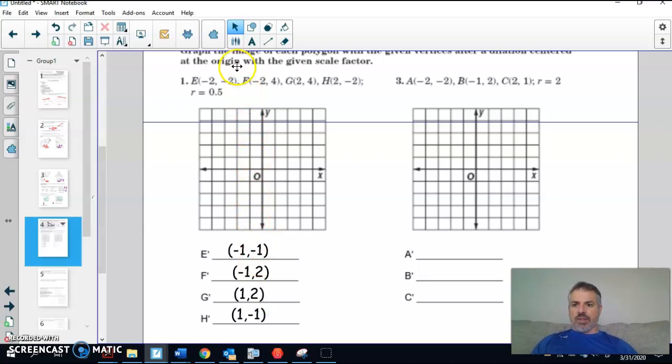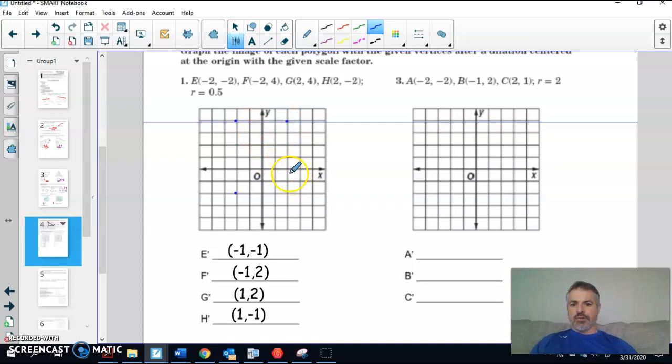So let's see, I'll graph the image first. So before the dilation happens, I'll draw that one in blue. So let's see, negative 2, negative 2 would be down here. Then negative 2, 4. 1, 2, 3, 4 would be up here. 2, 4 would be up here.